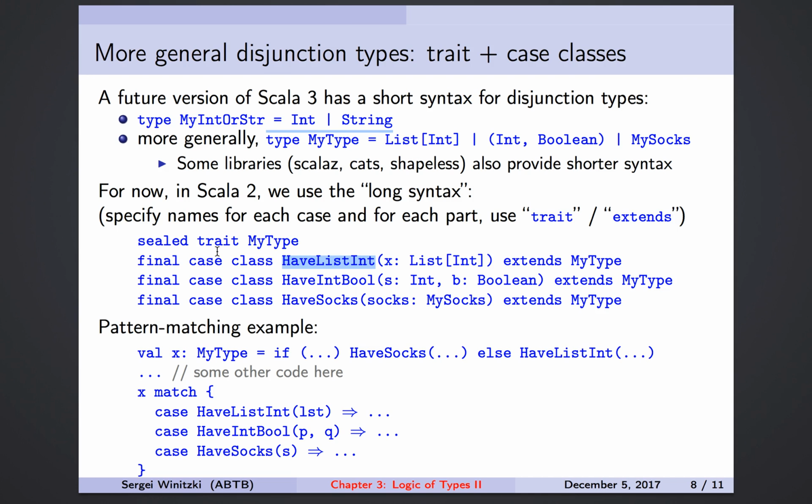So my type is the name of the entire disjunction, and these are the names of its three parts, the labels, and these are the names of the tuple parts. So each domain is a tuple with names. Case class, as I explained, is a tuple with names. So this disjunction has to list the names for everything, for every part of the disjunction and for every part of each tuple.